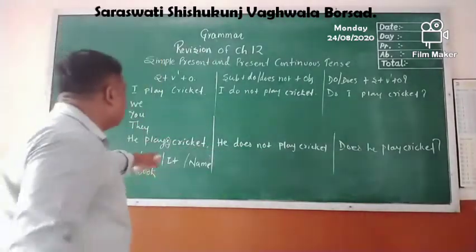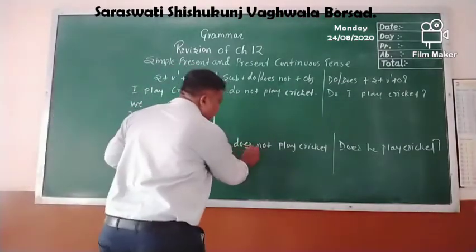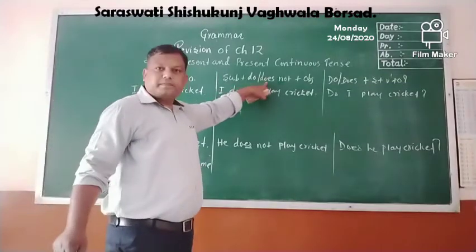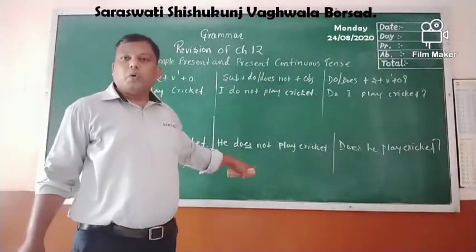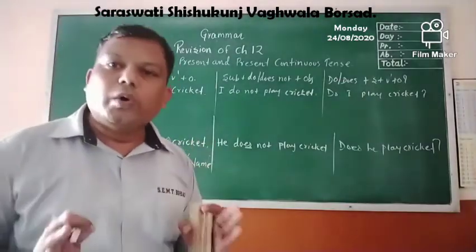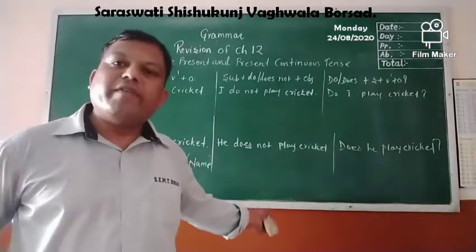So here this s is added over here by es. That's why does. Here we have not used do, but still some of you are using do. He do. No, it is wrong. Most of you made this mistake in your unit test paper.